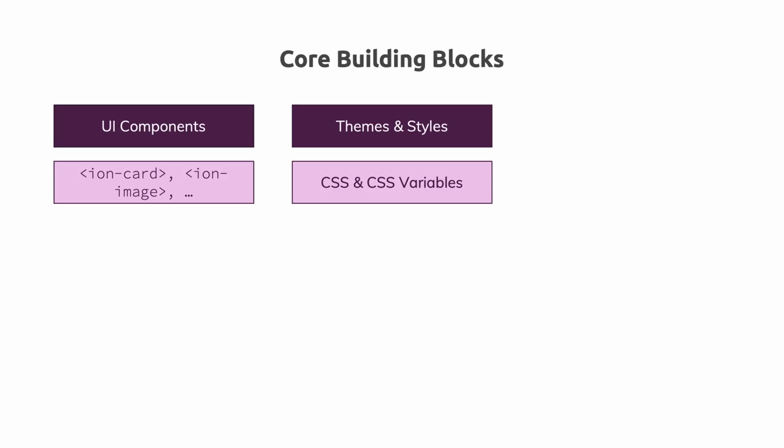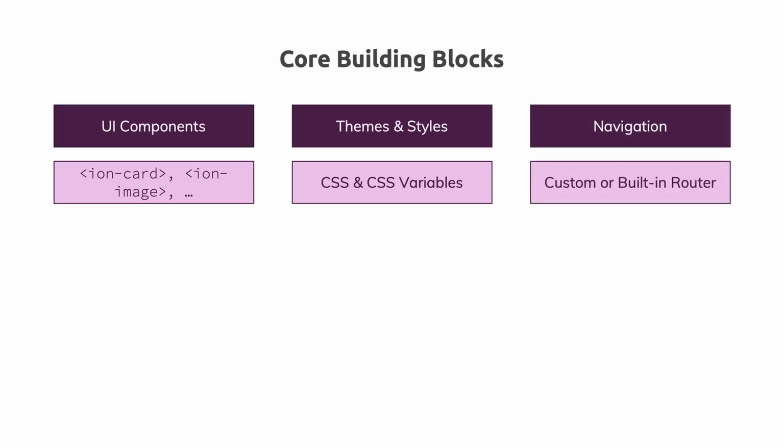Now, when we're building anything but a very trivial Ionic app, we'll also need to dive into navigation. And that basically means that we want to switch between different pages of our app. Now, a page here doesn't technically mean a new document fetched from a server.